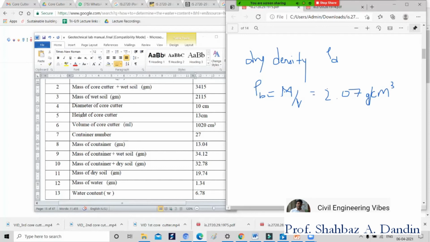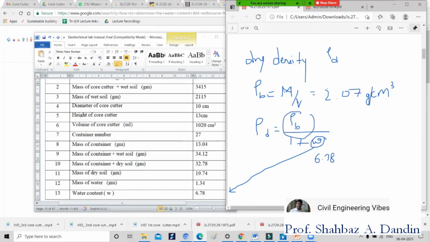Now we need the dry density, right? We can write the dry density as the bulk density divided by 1 plus the water content. Now put in this water content, which is 6.78, right?